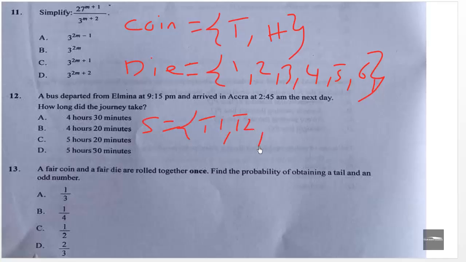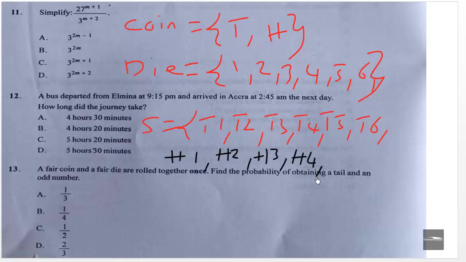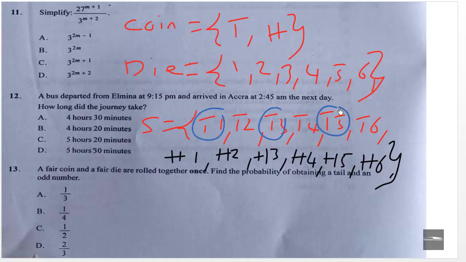So the sample space for the experiment will be tail 1, tail 2 up to tail 6, and head 1, head 2 up to head 6. And for a tail and an odd number, we have 3, and that will give us 3 over 12, which is 1 over 4.